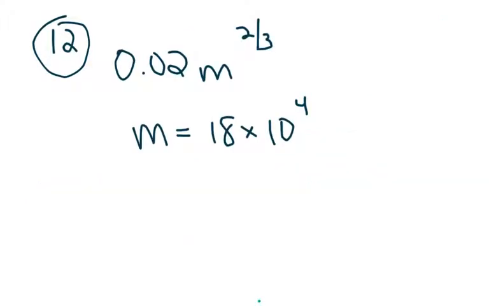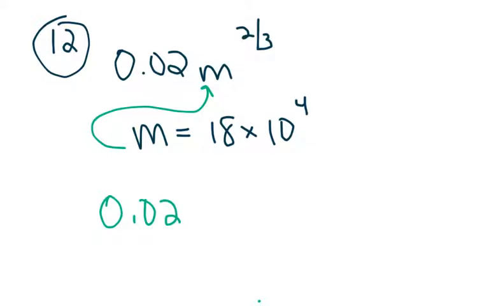Problem number 12 says the expression 0.02 m to the 2/3 power is used in the study of fluids. What value best represents the value of the expression for m equal to 18 times 10 to the 4th? Remember, 18 times 10 to the 4th is your scientific notation, and the easiest way to do the problem is to just plug it in.